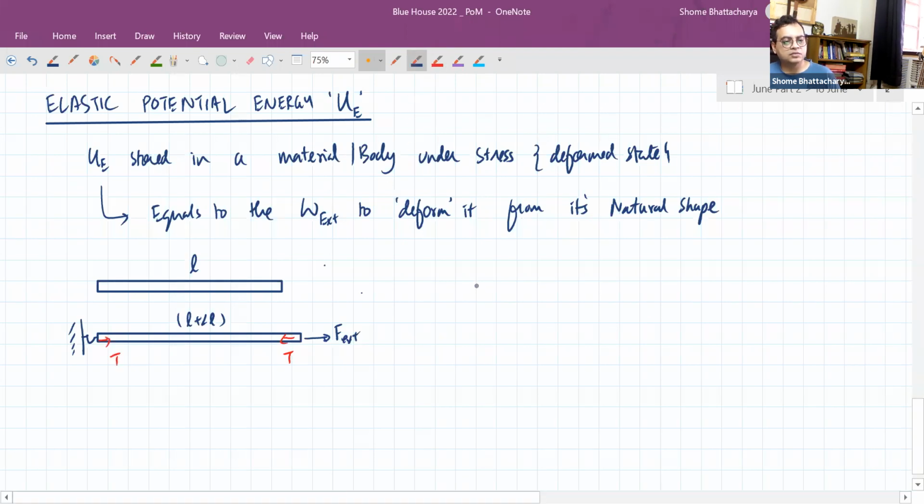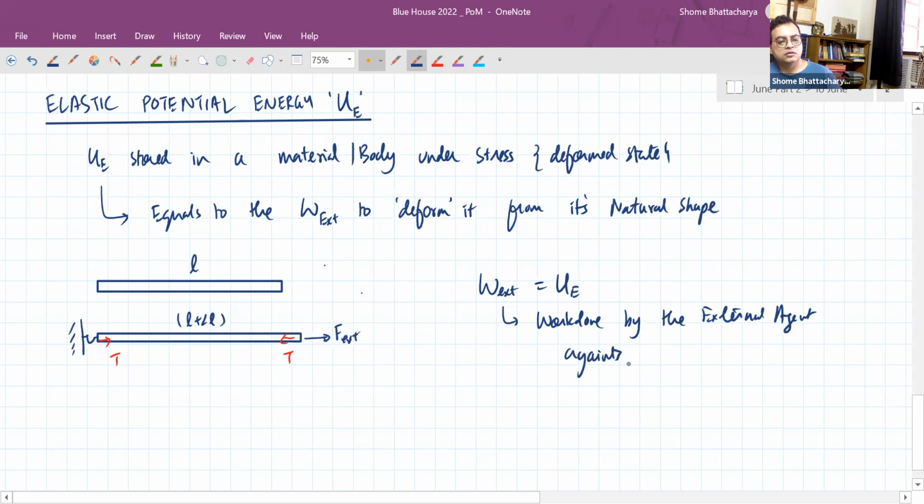This work done by the external force is equal to the elastic potential energy stored in it. It is the work done by the external agent against the internal restorative force, which is basically the tension.